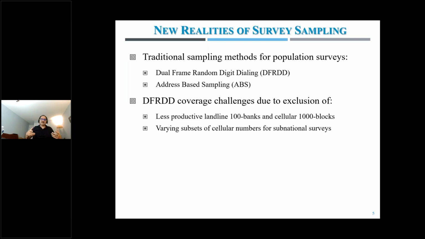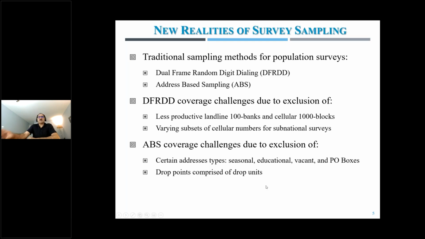At the state level, there are some non-ignorable coverage issues, particularly with the cellular frame. And these coverage problems become really serious as the geography narrows, for example, when you have a county level type survey.